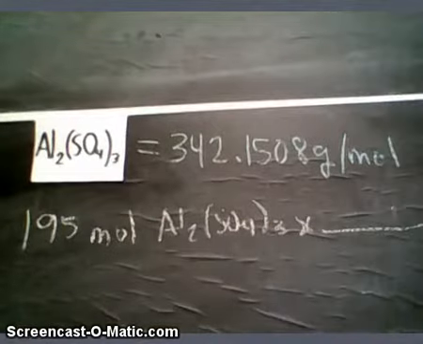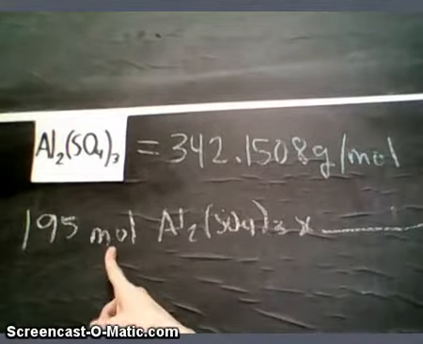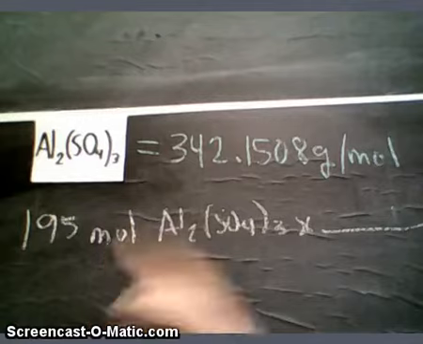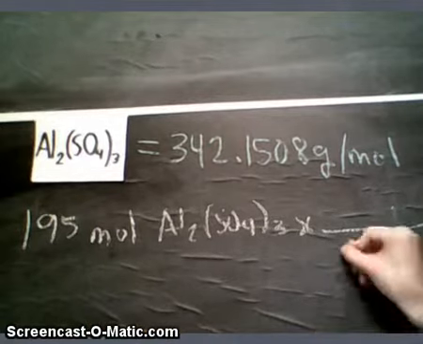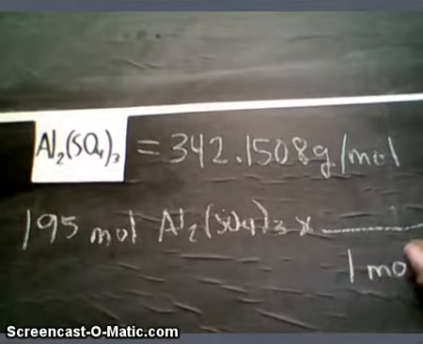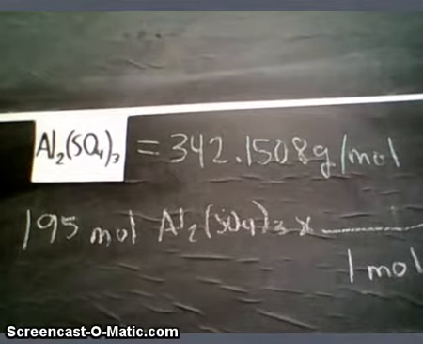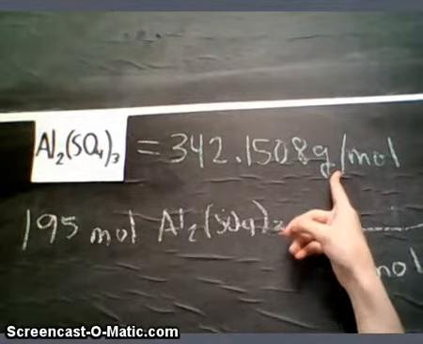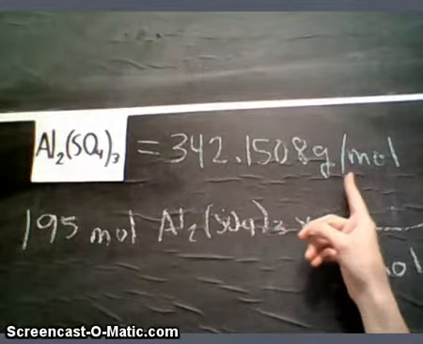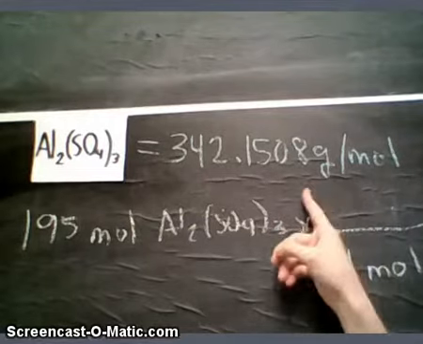Now, for our unit analysis, remember, we have moles here on the top, so we want to cancel the moles by writing moles again on the bottom. And I know that 1 mole of aluminum sulfate will have, we're looking for particles. So in this case, there's really no point for us to use the molar mass because the molar mass converts from moles to grams.